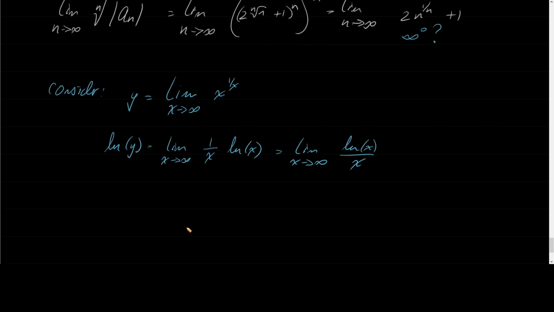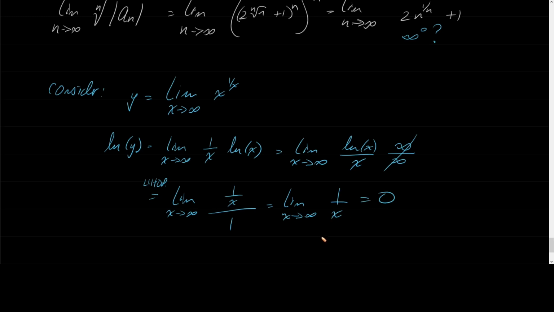At that point, we can say by L'Hopital's rule, and why do I want to use L'Hopital's rule? Because if x is going to infinity here, the top goes to infinity, the bottom goes to infinity. We don't like that. That's an indeterminate form, so we apply L'Hopital's rule. The limit as x goes to infinity becomes the derivative of the top over the derivative of the bottom. So in other words, it's just 0.